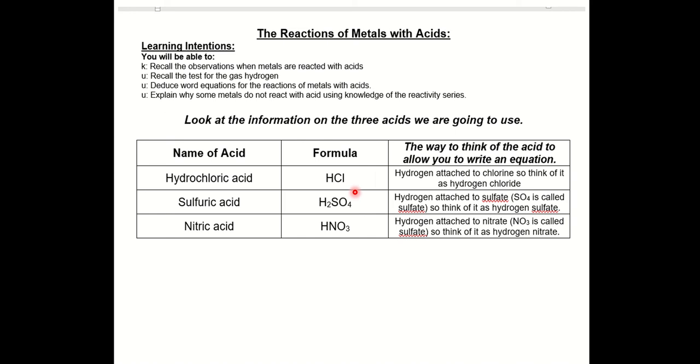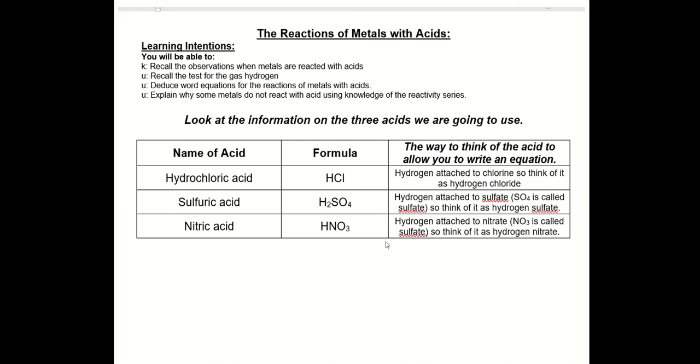So we can think of hydrochloric acid, if we think of its chemical name, as hydrogen chloride. It's hydrogen joined to chlorine, and that's HCl, hydrochloric acid. So we will think of it in terms of words as hydrogen chloride. So every time that we're going to ask you to write an equation for this, although we call it hydrochloric acid, think in your head, it's hydrogen chloride. And anything that's higher than hydrogen can steal the chlorine away from it.